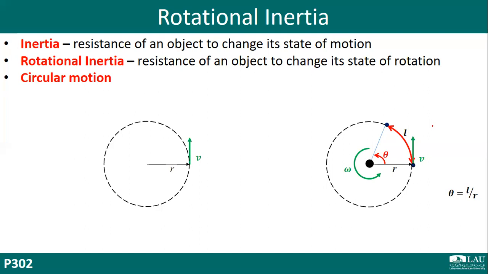We know that the velocity is tangent to the path. They are related by v equals r omega.